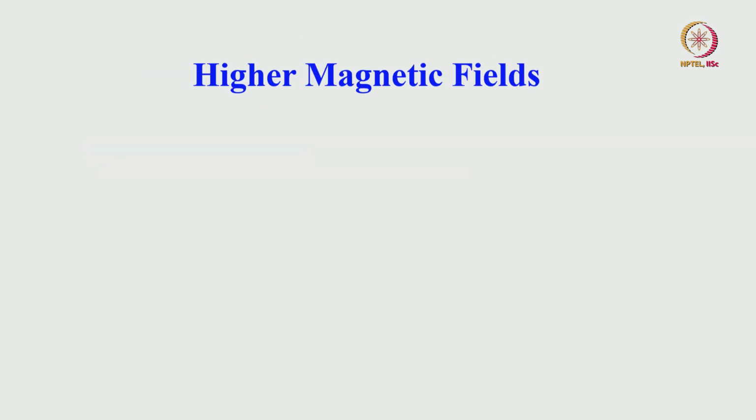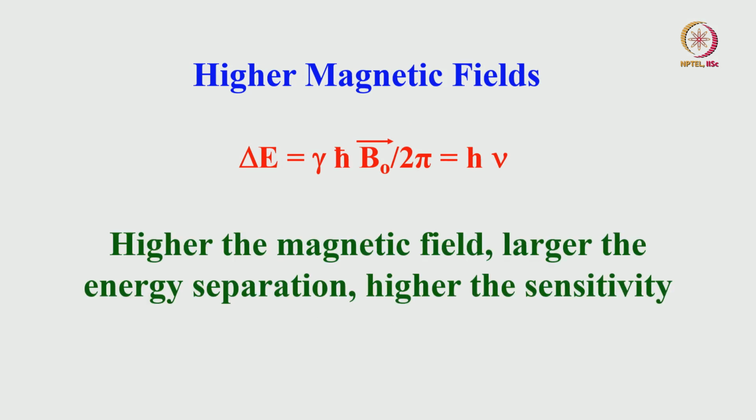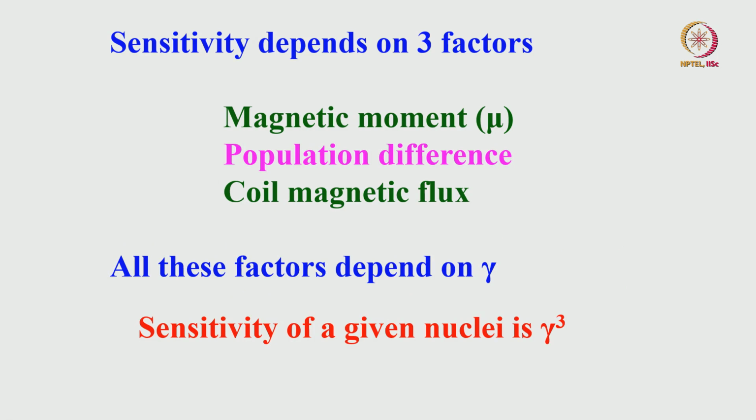Why? Because sensitivity depends upon three more factors: magnetic moment, population difference, and coil magnetic flux. These are the three parameters. Interestingly, all these three factors depend upon gamma.